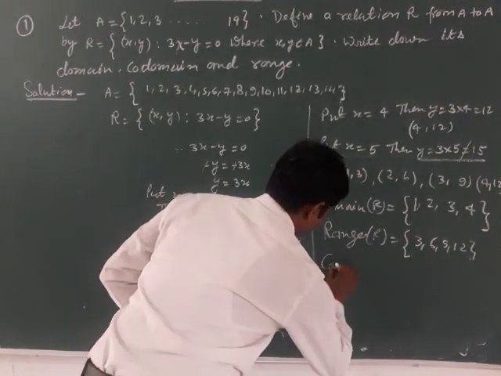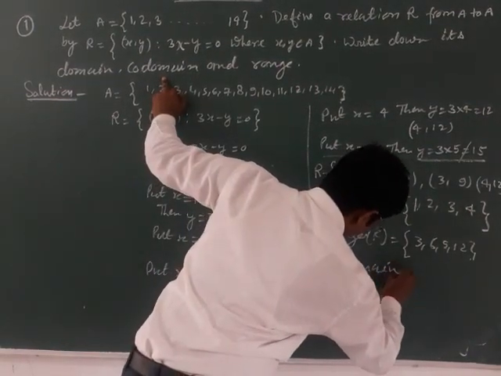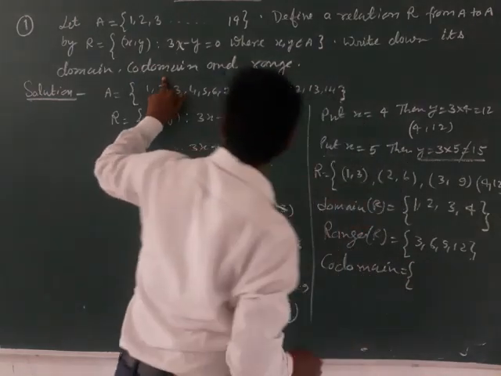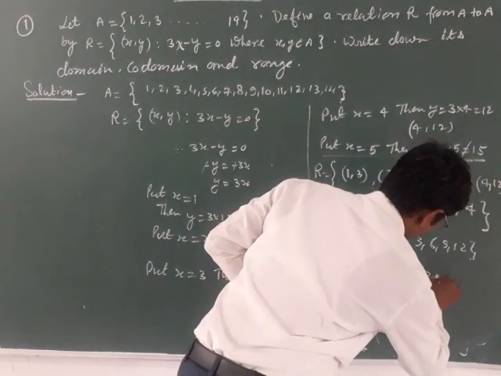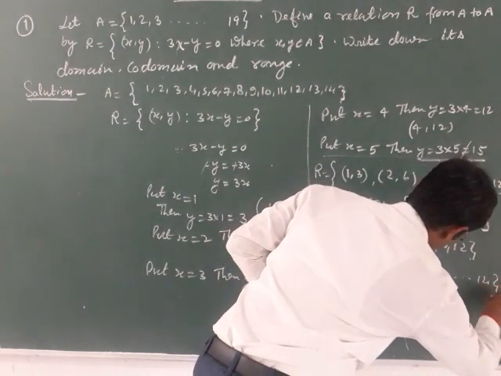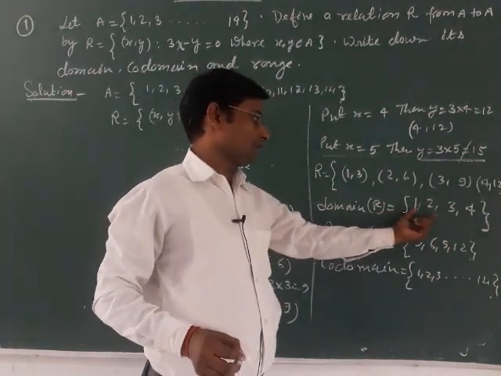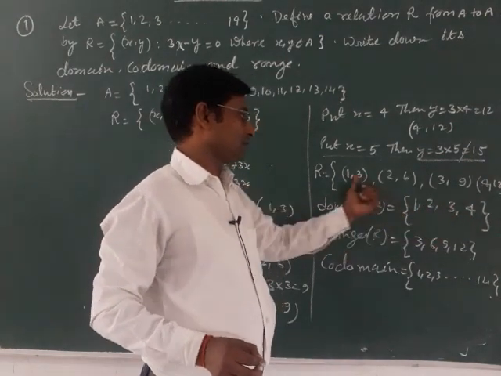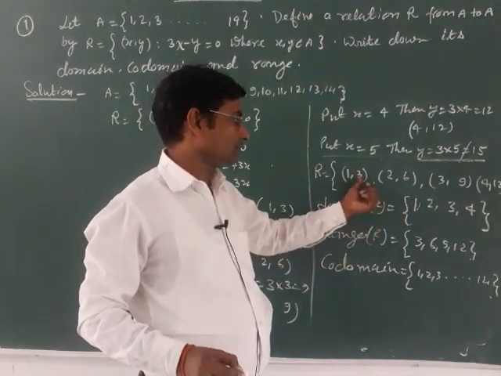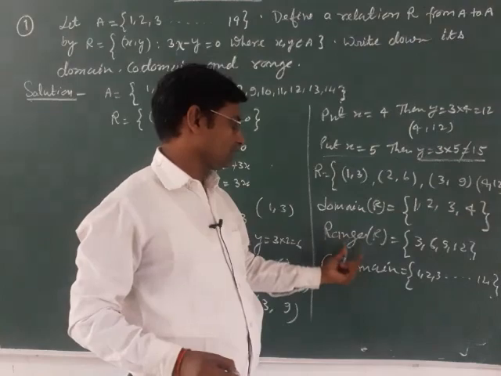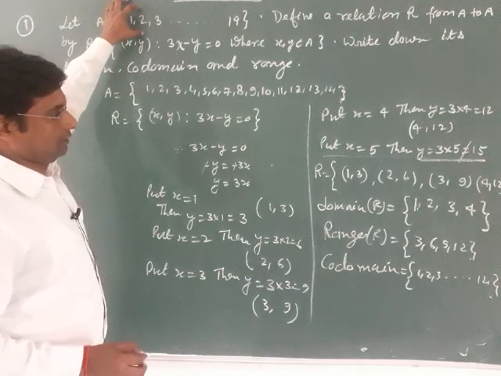And codomain is equal to the set A, so set A has elements 1, 2, 3, up to 14. The domain is the set of elements 1, 2, 3, 4, the first components of the ordered pairs. The range is the second components of the ordered pairs, and the codomain is the set of all elements of A.